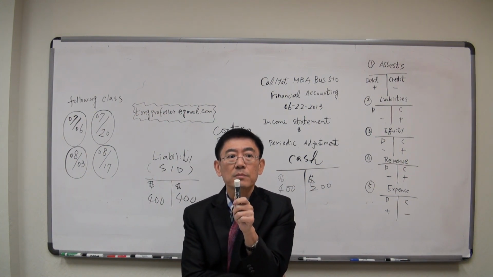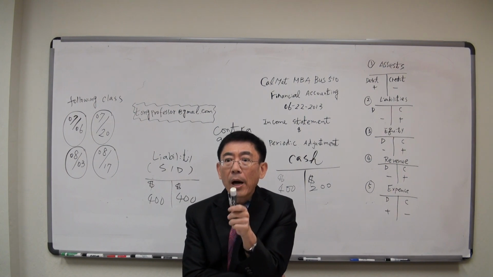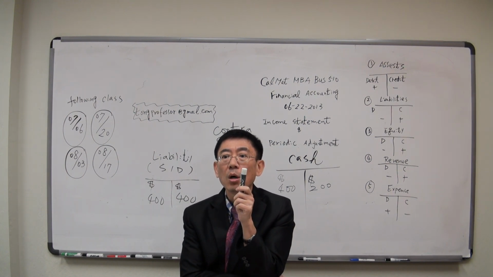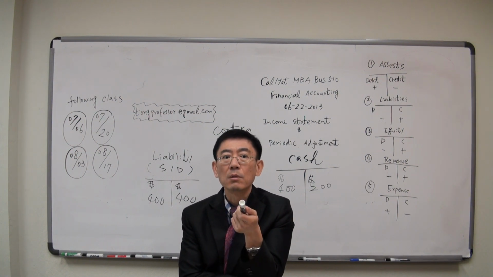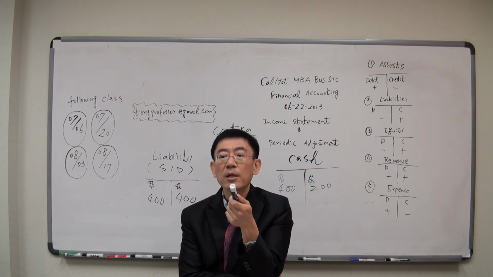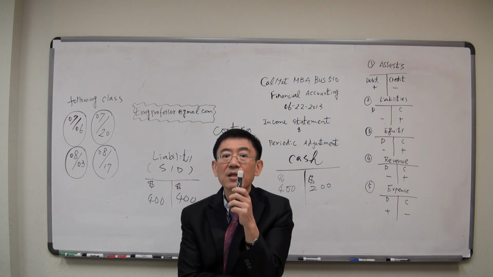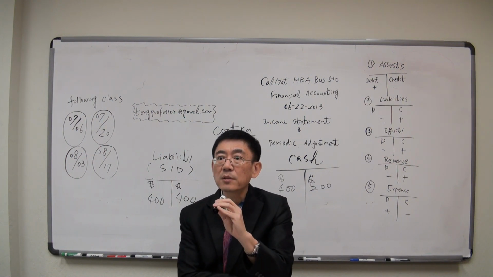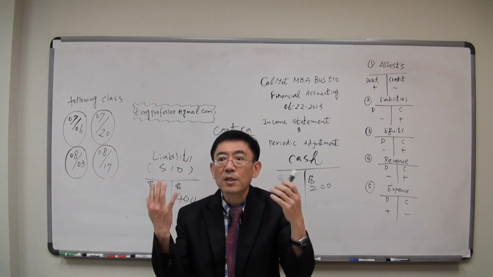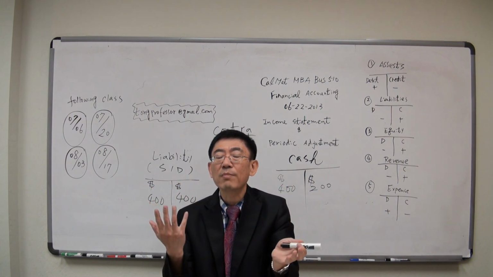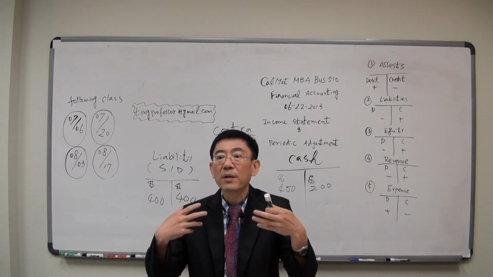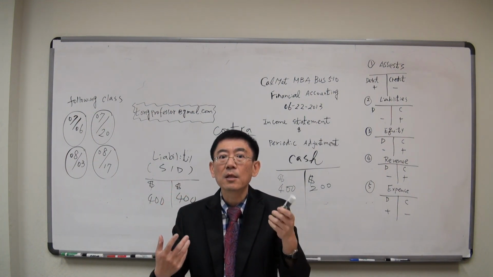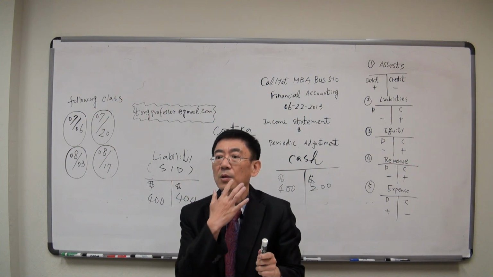Any item that will become your merchandise, that means you're going to resell to somebody else, that is inventory. Even though it comes as materials, after you put them together, after manufacturing and production, it becomes part of your merchandise. Definitely, that is inventory.